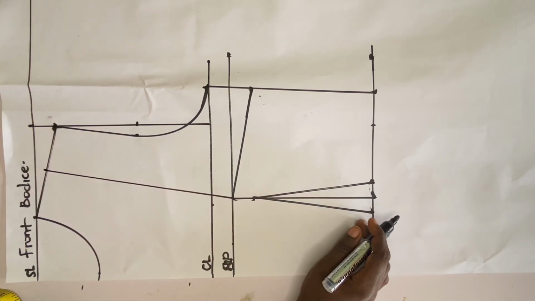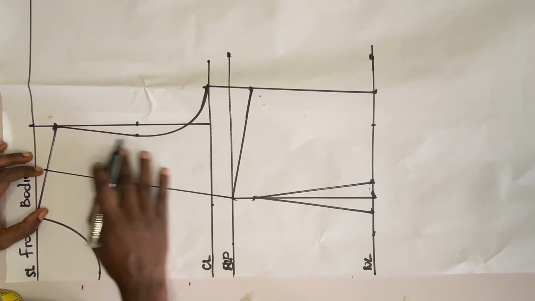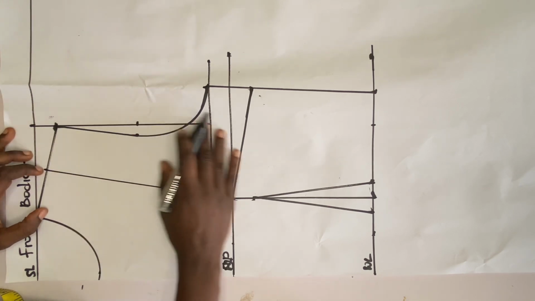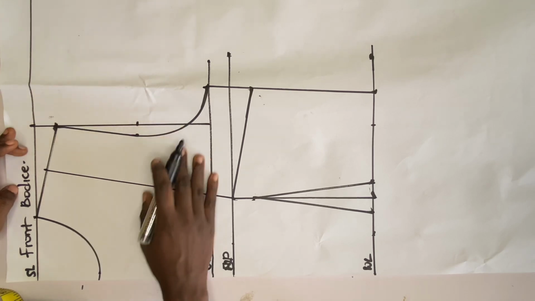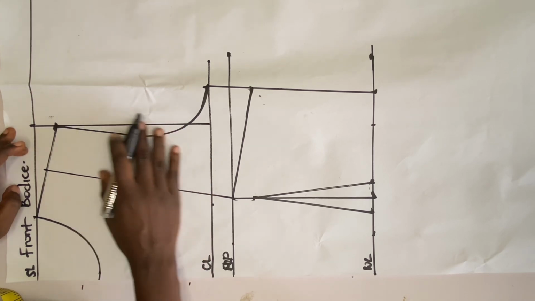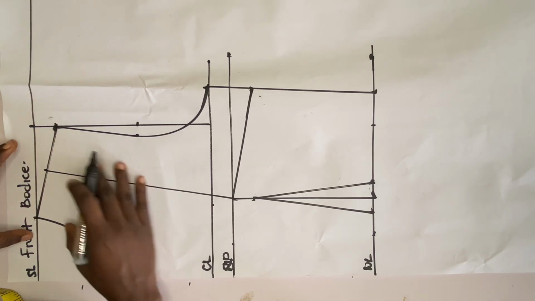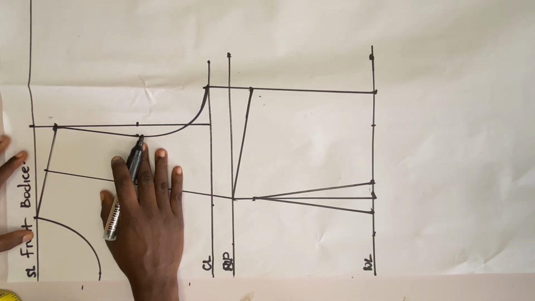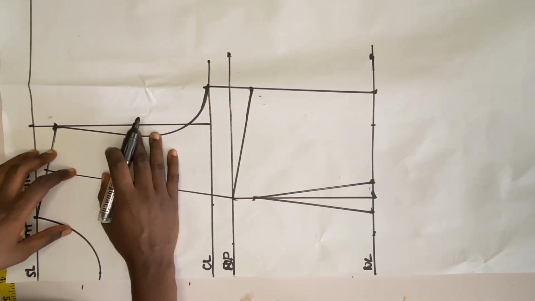What we are doing this for is to eliminate the excess that we have around the shoulder of the front bodice. So if you open one dart, we are also going to close another dart.